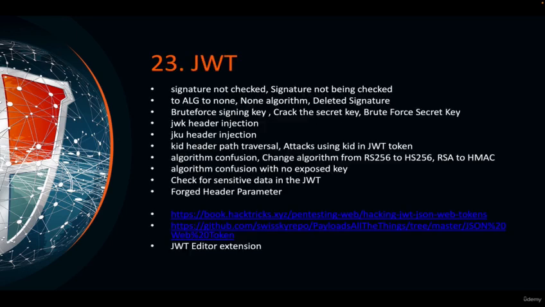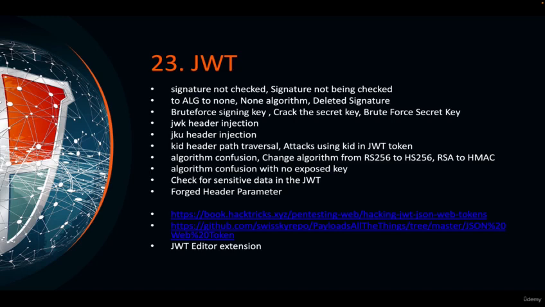JWT tokens, another huge topic, right? There are loads of different attack vectors as per the PortSwigger Labs. The signature is not checked. The algorithm can be set to none, and then the signature can be deleted.